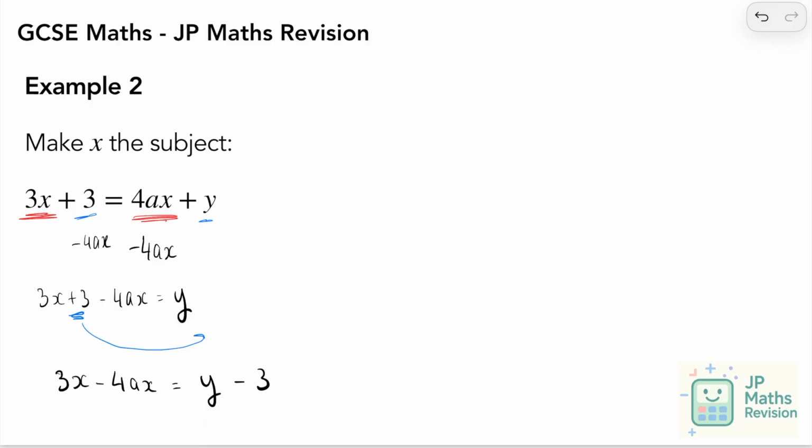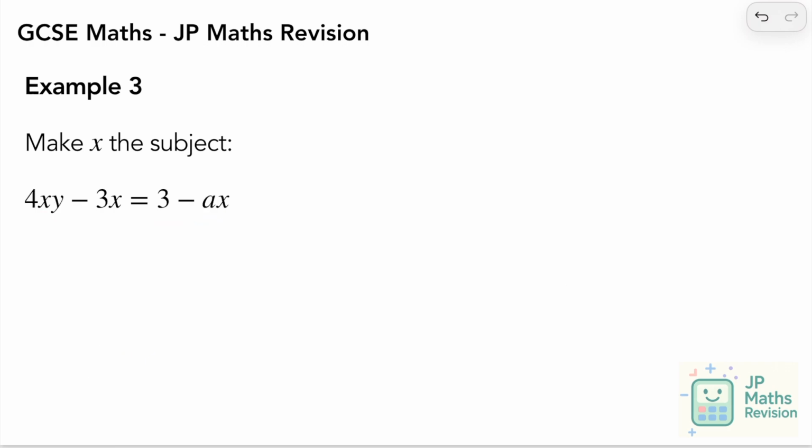Now it's really good because we have the 3x minus 4ax together on one side, so the trick is to factor out the x. So we end up with x bracket 3 minus 4a equals y minus 3. And now to get x by itself, we're just going to divide both sides by 3 minus 4a, so we end up with x equals y minus 3 over 3 minus 4a, and now we have x as the subject.